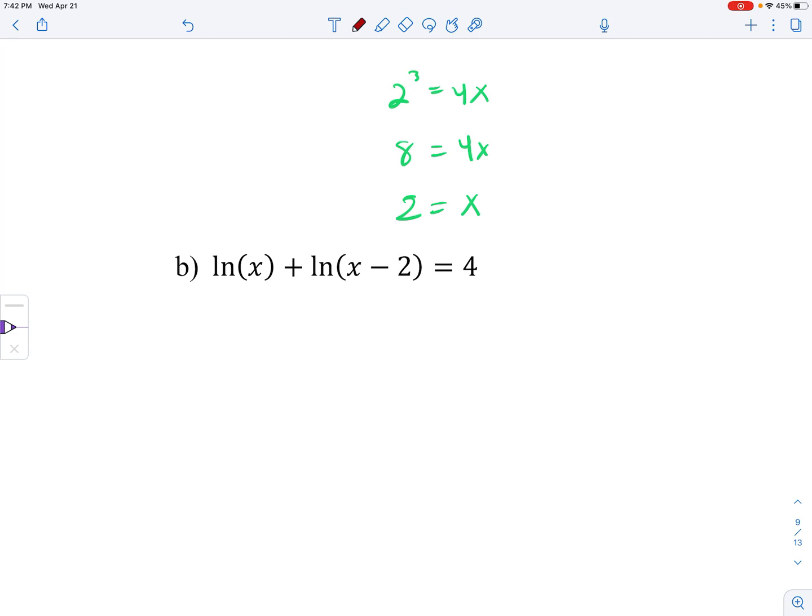Okay, so for the next equation, since it's a sum of natural logs on the left side, I'm going to rewrite that as ln of x times x minus 2. So that then I can rewrite as e to the 4th equals x squared minus 2x, if I think about multiplying the x and the x minus 2 out.